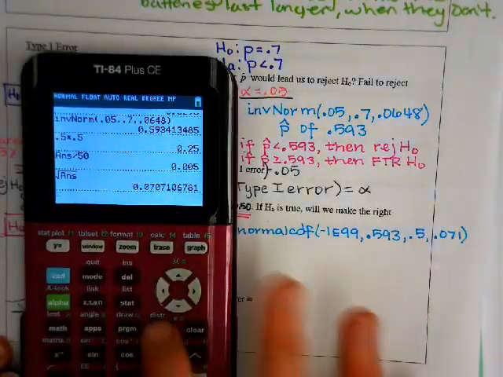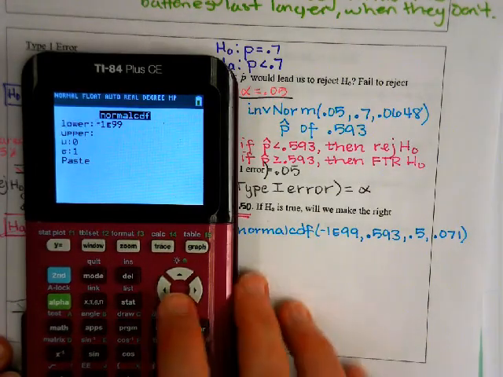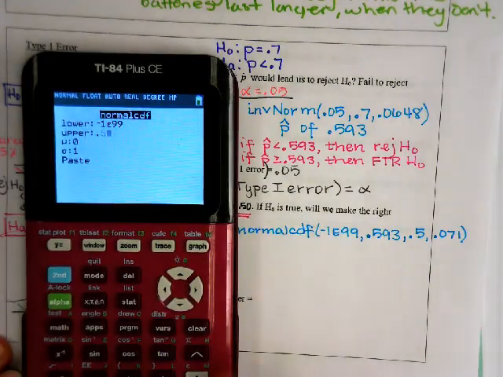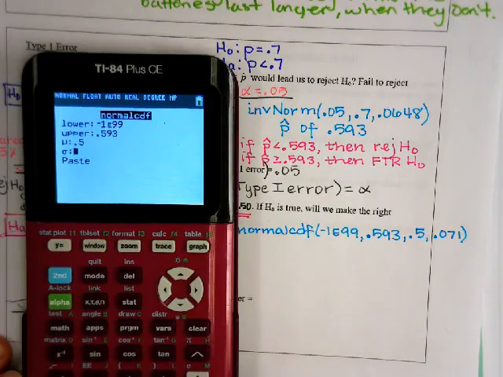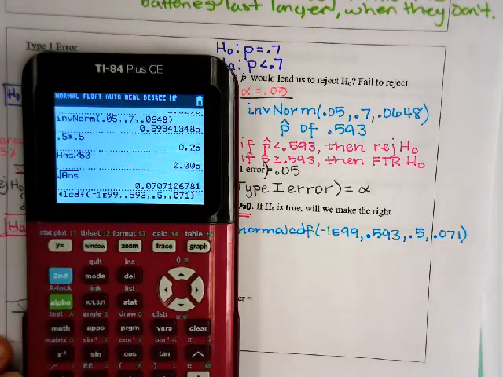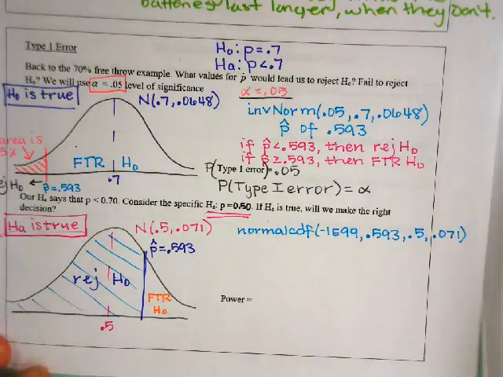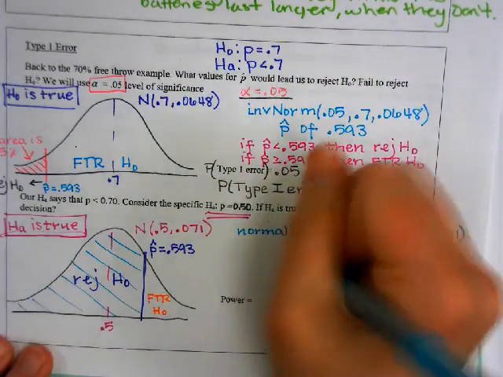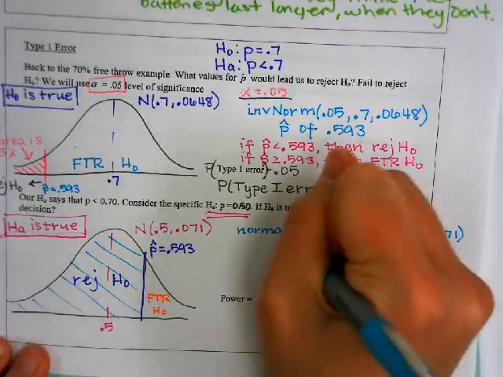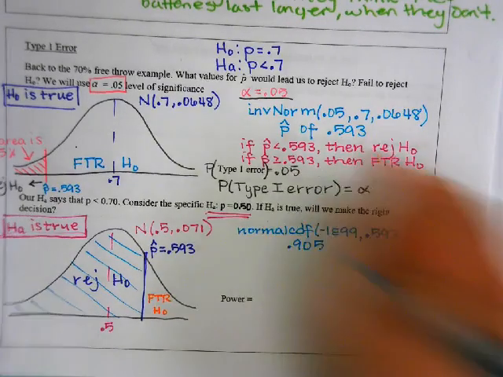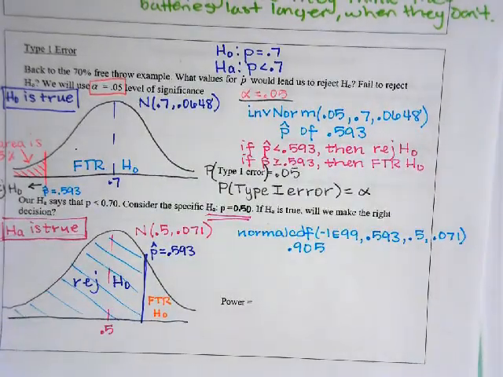So I get 0.905 if I round. And what that tells us is that 90.5% of the time, if the alternative is true, we will correctly identify that the alternative is true.